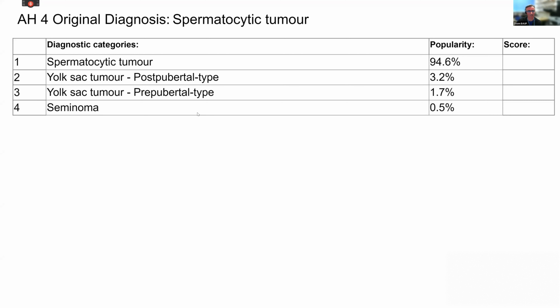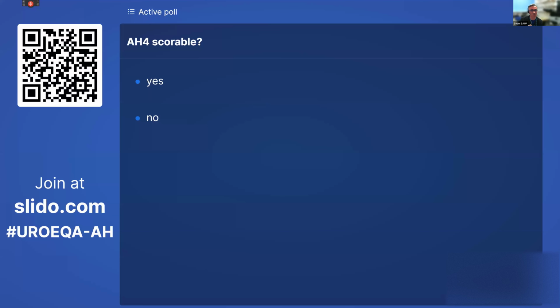Pre-pubertal type, I think that's restricted to under 10s or the first decade of life, my understanding. And seminoma didn't really look like that. So I'd probably say 1 is 1, a score of 1, and then the rest are 0. I think the first question is, it does look as if it's scoreable, I have to say.